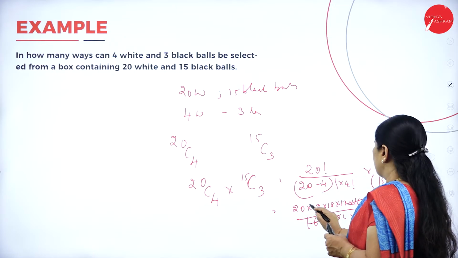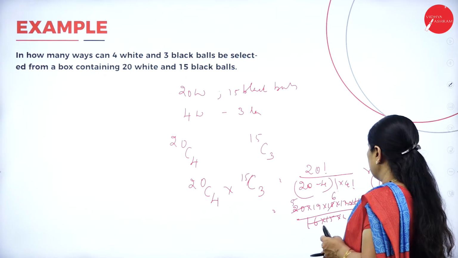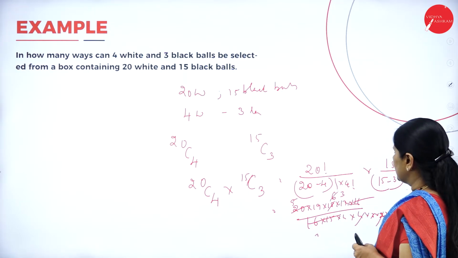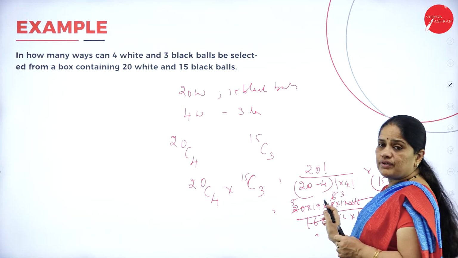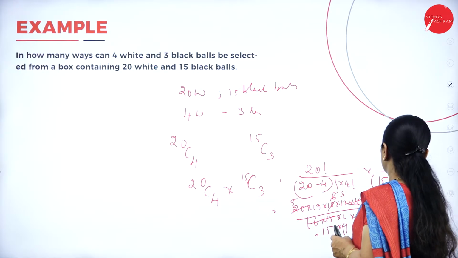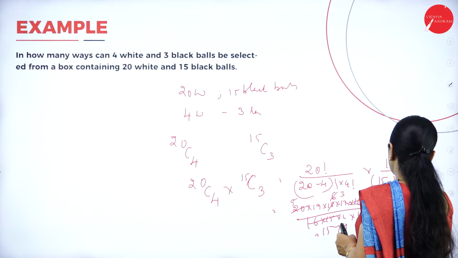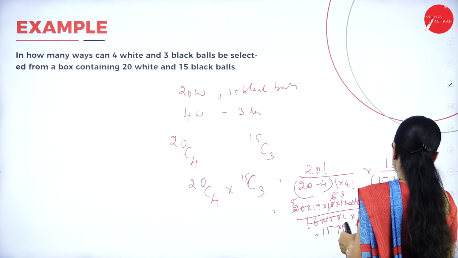So, 4 5s are 20, 3 6s are 18, then 2 3s are 6. So, this will be equal to 19 into 3 into 15, 3 into 5 is 15, 15 into 19 into 15 into 14, 15 factorial by 12 factorial into 3 factorial.